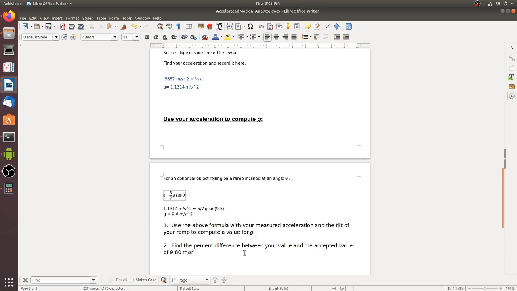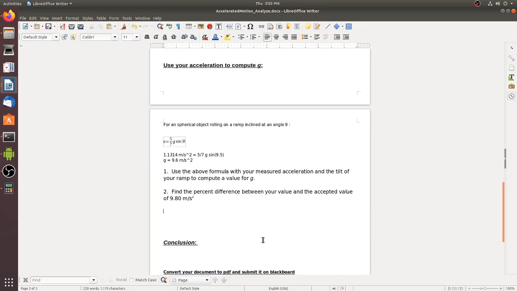To find out how good our results are, we're going to find the percent difference between our value and the accepted value of 9.8. If you look in the lab syllabus, there's a formula for percent difference.